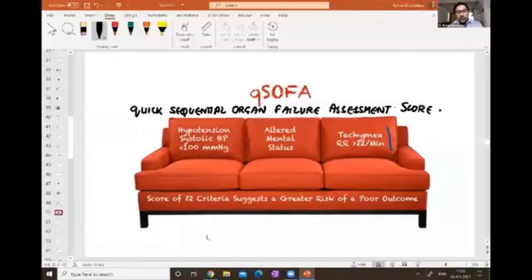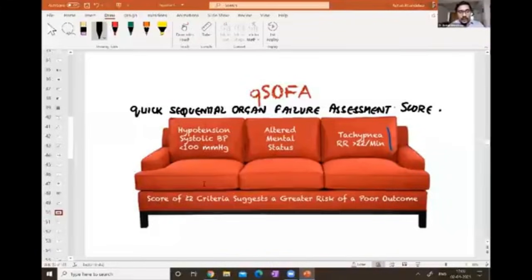And if you have a score of 2 or more than 2, then that indicates sepsis and indicates a poor outcome.